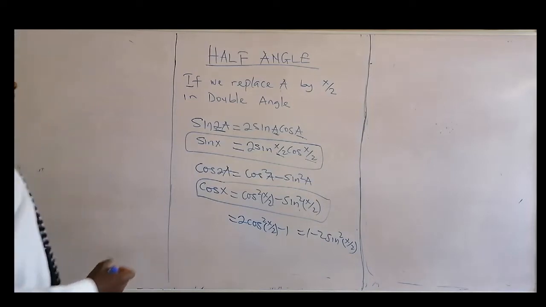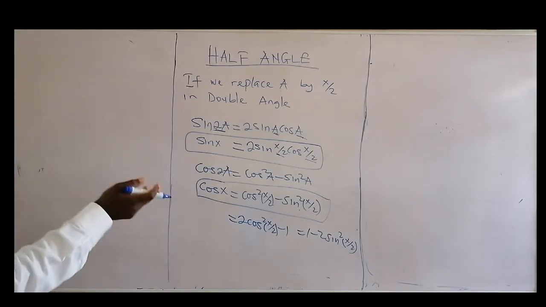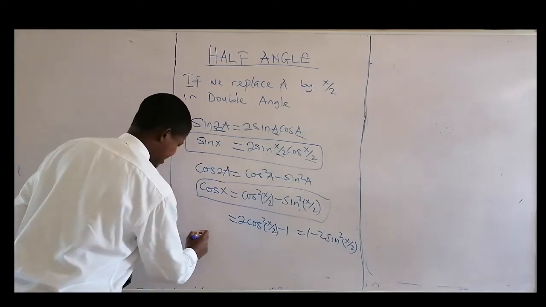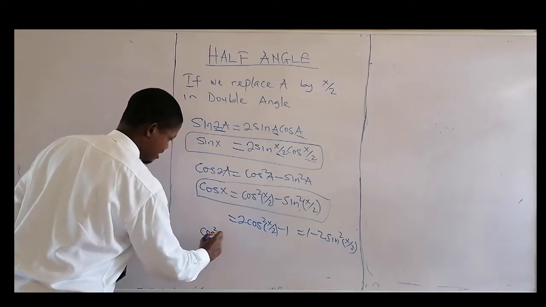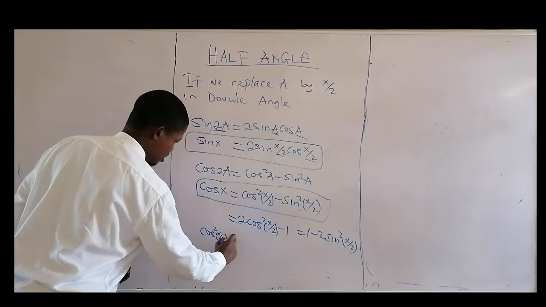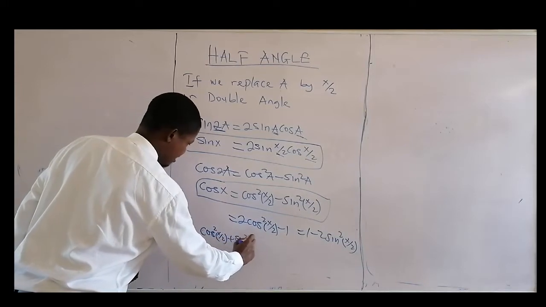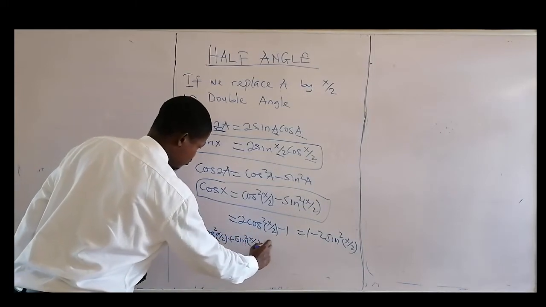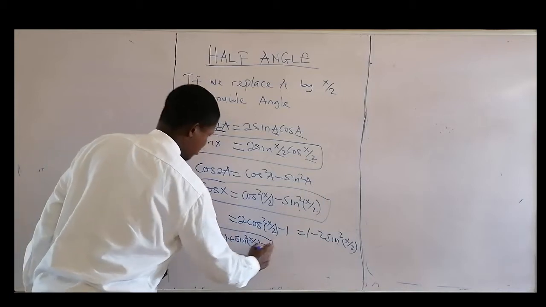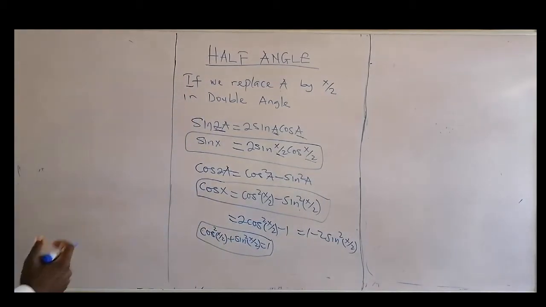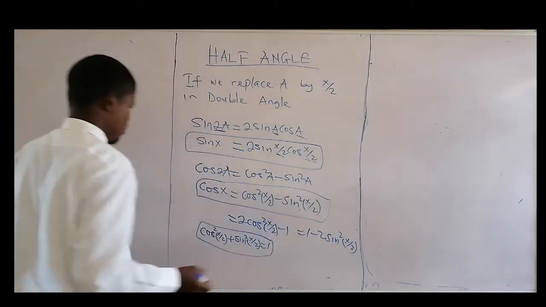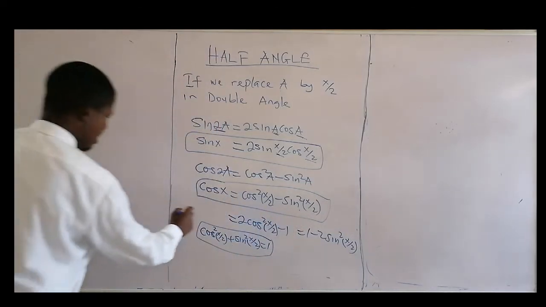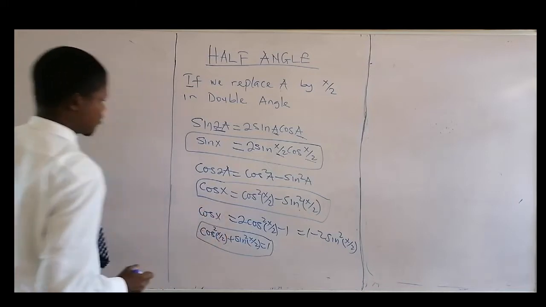And what we are using is cos square x over 2 plus sine square x over 2 equal to 1. These are substitutions as we did in the other video. So we get that. That's for cos x.